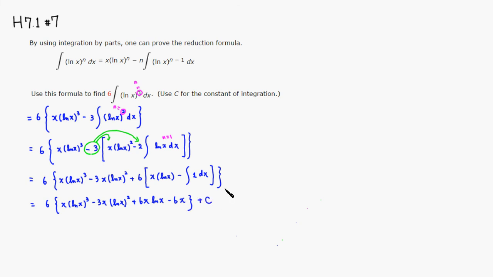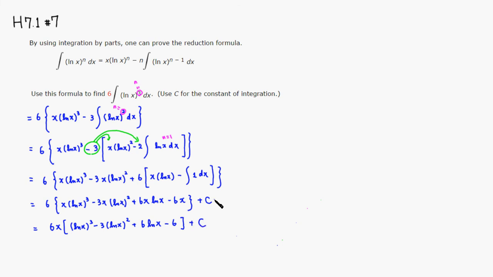It looks like we should be able to factor out x. So you have 6x times natural log of x cubed minus 3 natural log of x squared plus 6 natural log of x minus 6, then plus some constant.